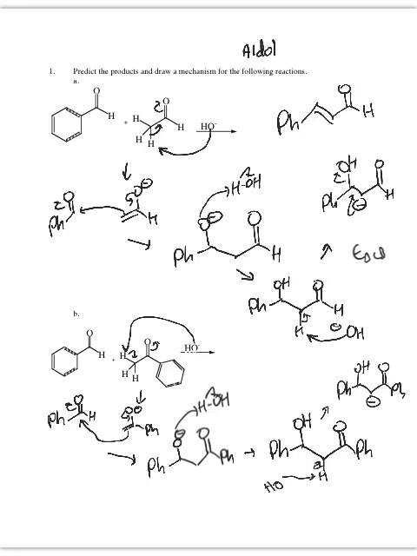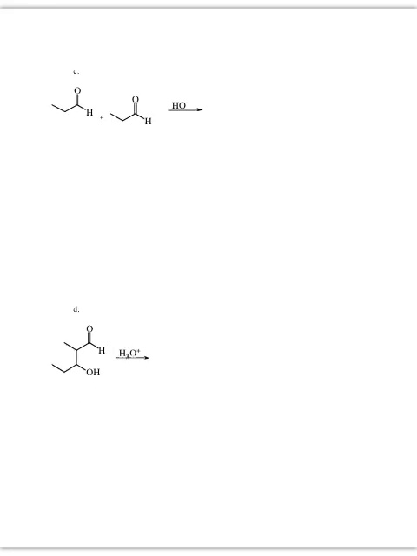You can draw it as the enolate or just with the negative charge on the alpha carbon. They're just resonance structures of one another. And then we can kick that out to form our desired product of that. E1CB.